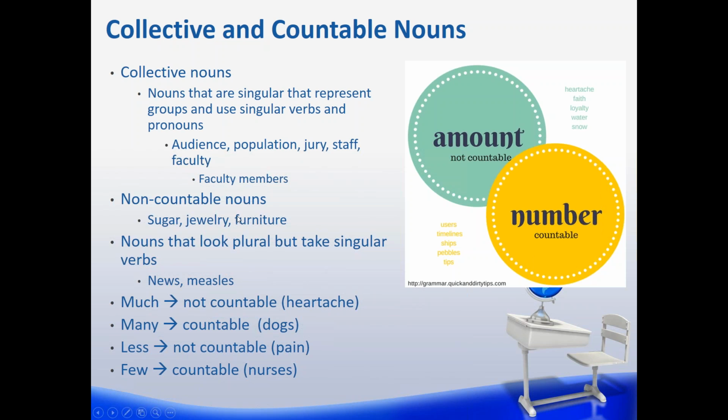So sugar, jewelry, and furniture are not countable, so they take singular verbs and pronouns. And then there are some nouns that look plural, but they take singular verbs. So usually the non-countable things are like ideas, and the countable ones are things that can be counted.